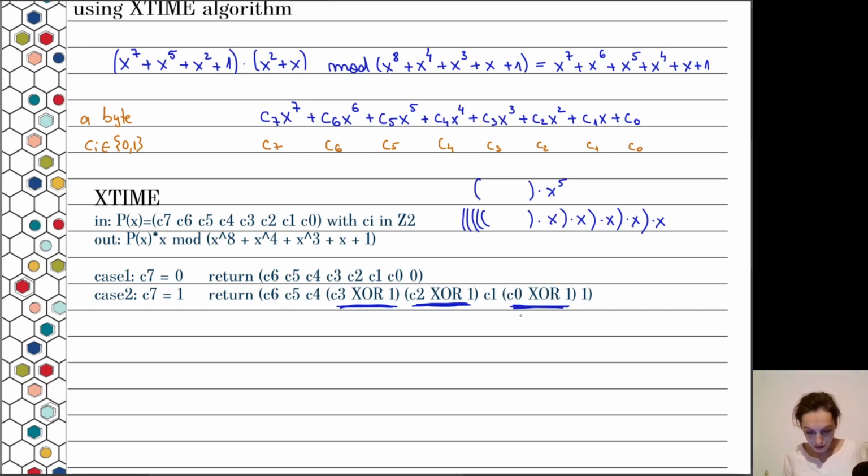That's because in our irreducible polynomial we have x powered by 4, x powered by 3, x powered by 1. So these are the corresponding XORed values.